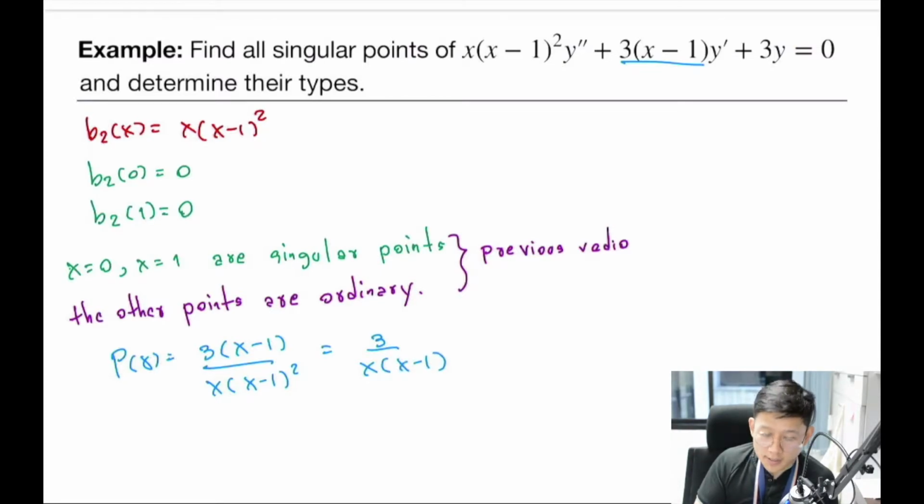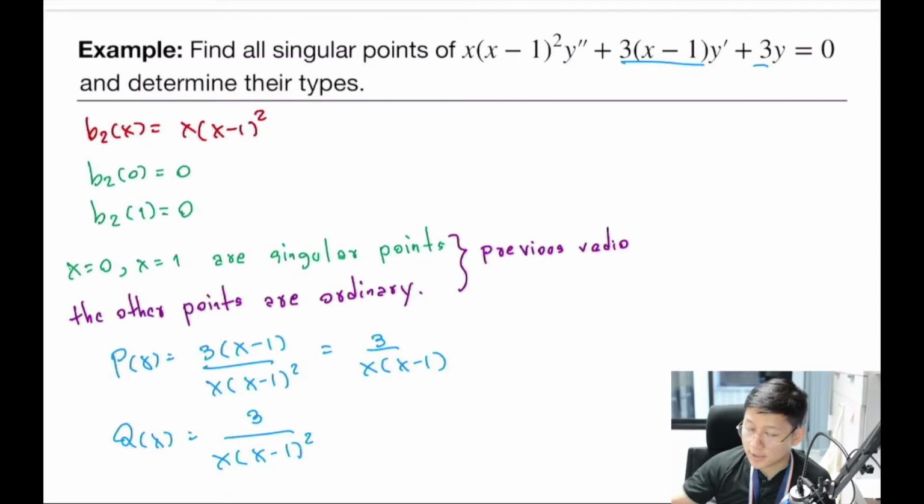And your q(x) would be this term divided by b2(x), right? And that would be 3 divided by (x minus 1) squared. That would be p(x) and q(x).